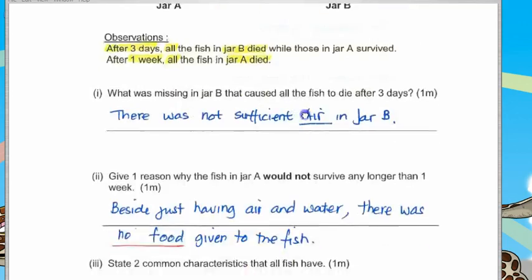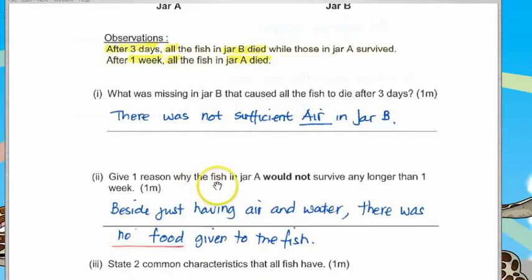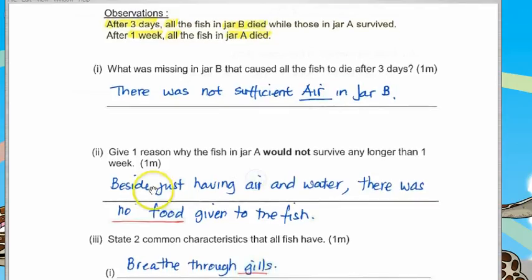Next, give one reason why the fish in jar A would not survive any longer. Now, in jar A, they are given air and water. You must take note that living things need these three: air, food, and water. But only air and water was given. In the end, without food, they will still die.